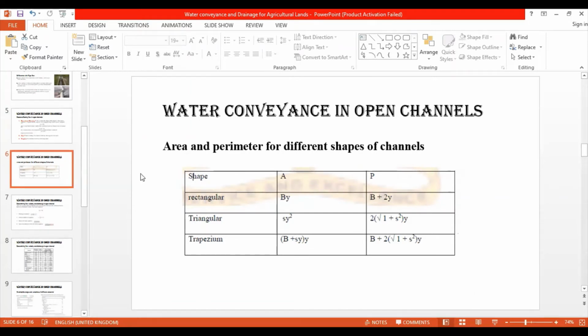Depending on which shape you want to use, these are the formulas that you can use to determine the perimeter and the area. So just take note that not all open channels will have the same formula for area and perimeter. They will have different formulas depending on the shape.